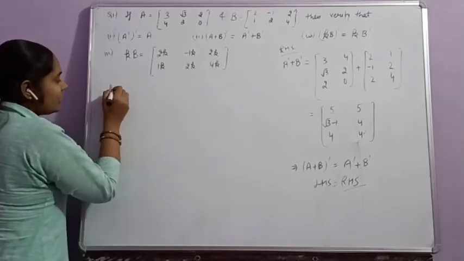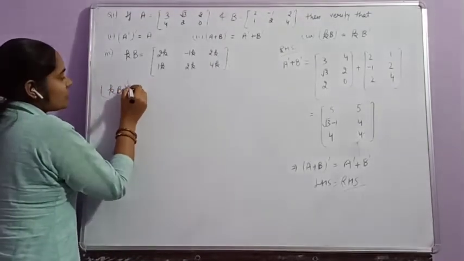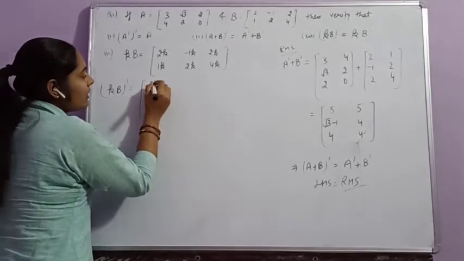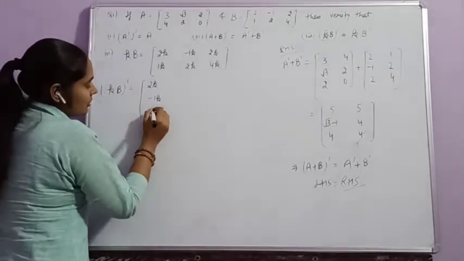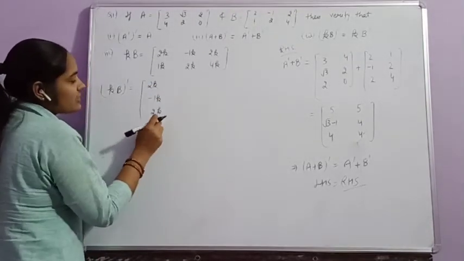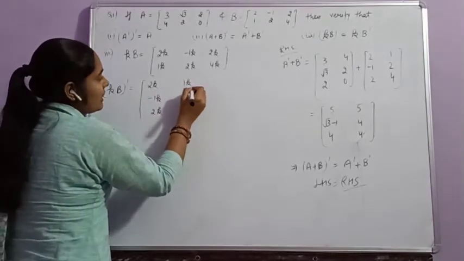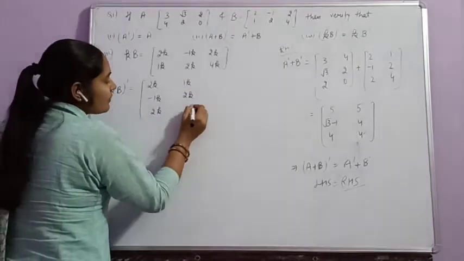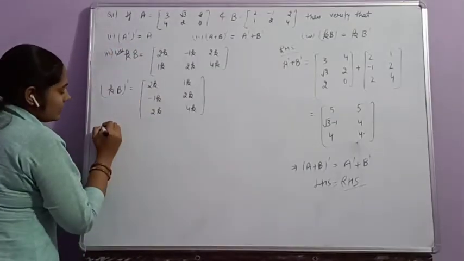Now we find its transpose. Its transpose will be 2K, minus 1K, 2K. The first row is converted into the first column. Then the second row will become the second column.